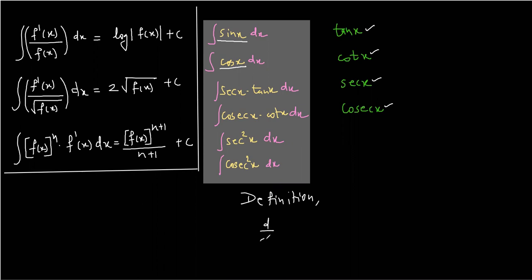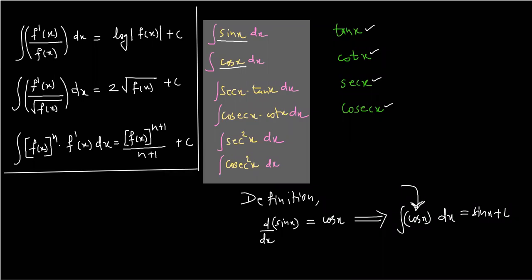I could write d by dx of sin x, which was equal to cos x, and hence I got integration of cos x dx as sin x plus c. I could write integration of cos x because I knew that cos x is derivative of sin x.